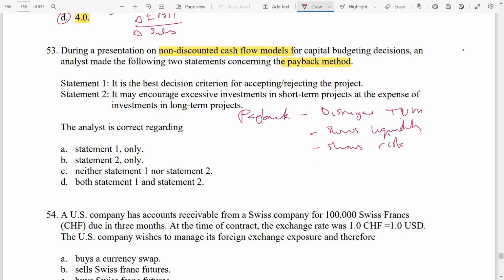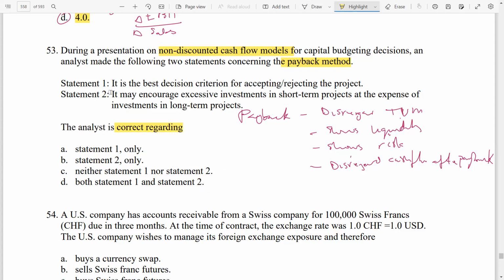It also disregards cash flow after the payback period. Once we get our payback, whatever cash flow comes after that is irrelevant. So let's see which statement is correct.